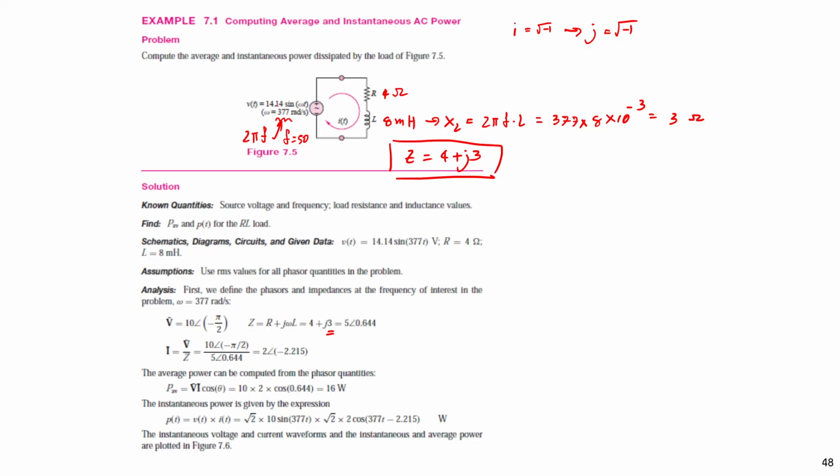Then the voltage here is in sine function, or we can represent v(t) in terms of cosine, with 377t minus 90 degrees. It is equal to 14.14 sine 377t.